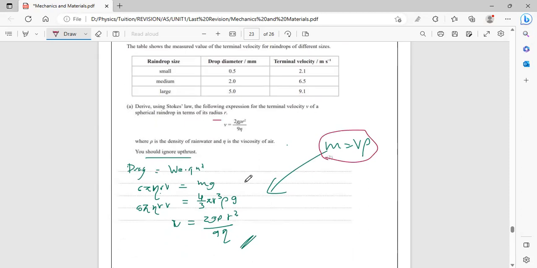Weight is mg, and m is V rho. V is 4 over 3 pi r to the power 3 because it's a sphere, the volume of the sphere, times the density of the raindrop times g. So then you can rearrange that. When you rearrange the equation, we get this expression.